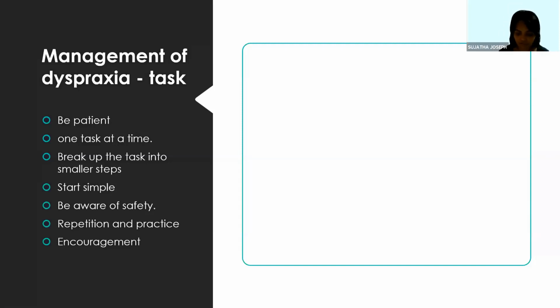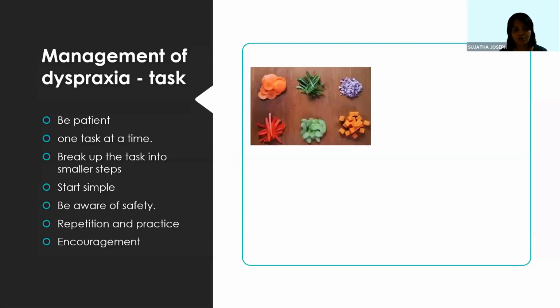So, how is it managed? The person who's treating the patient needs to understand that this problem is new to the patient, and the person might not understand what the actual problem is. Need to be very patient in helping them understand and do the task. One task needs to be done at a time.